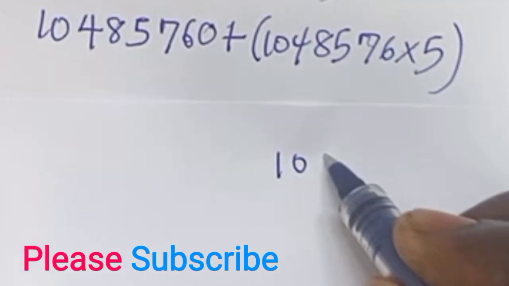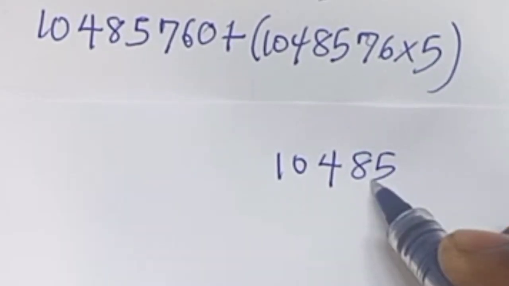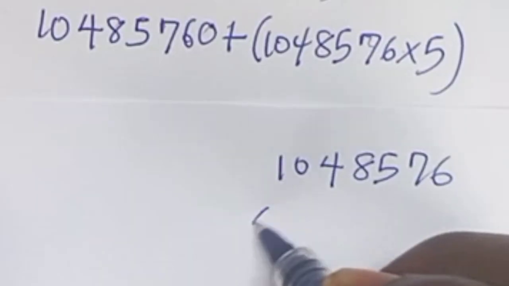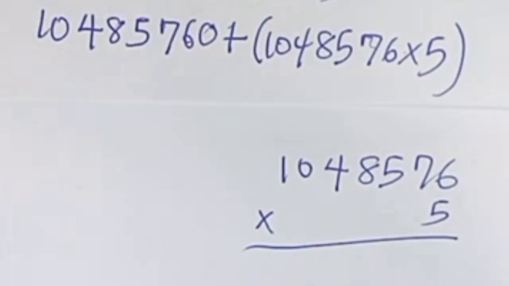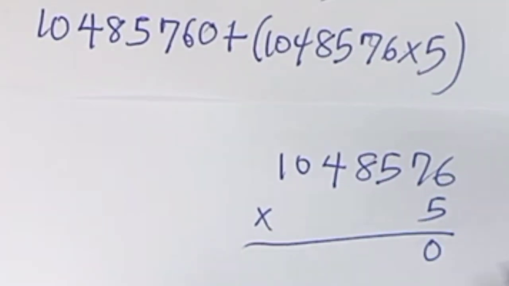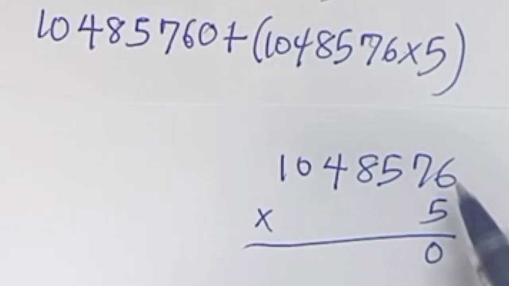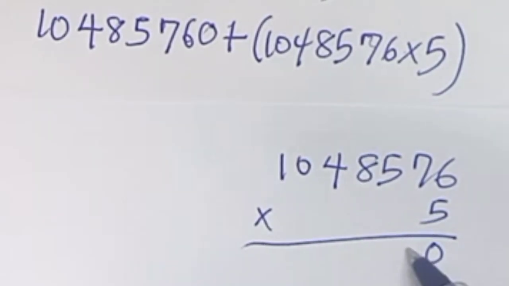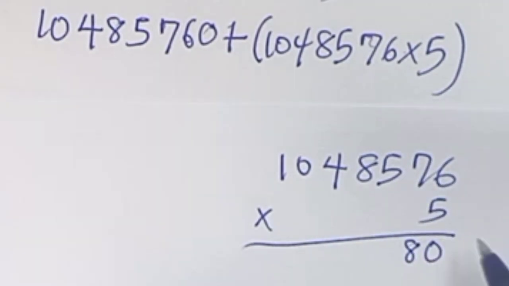So 1,048,576 multiplied by 5. 5 times 6 is 30. Put down 0, carry 3. 5 times 7, 35. 35 plus 3, that is 38. Write down 8, carry 3. 5 times 5, 25. 25 plus 3, that is 28.